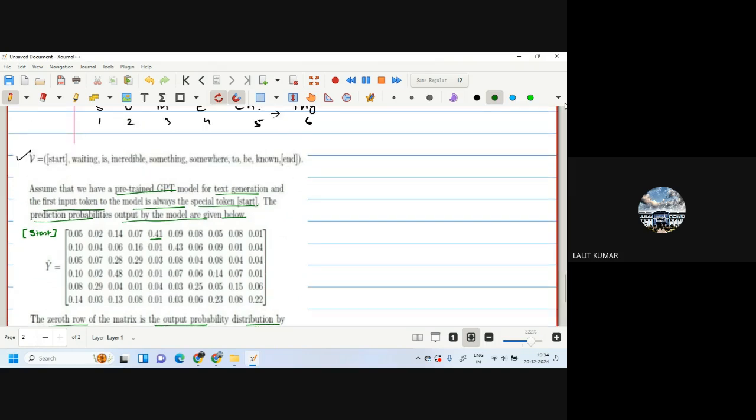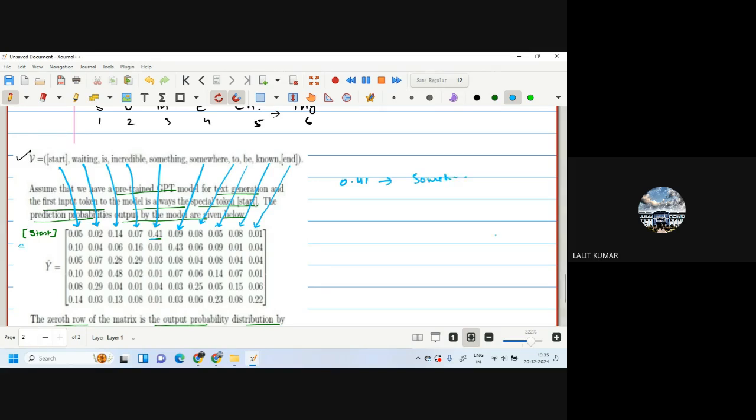We can easily map these: start is here, waiting is here, is here, incredible is here, something is here, somewhere, to be, known and end. So the first keyword we get is 0.41, which is for something.